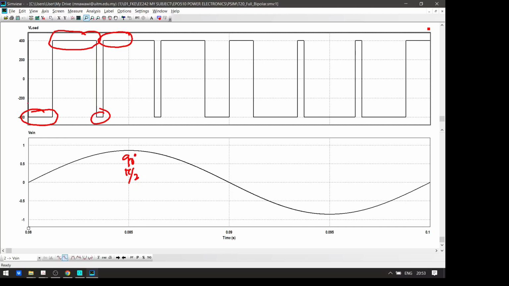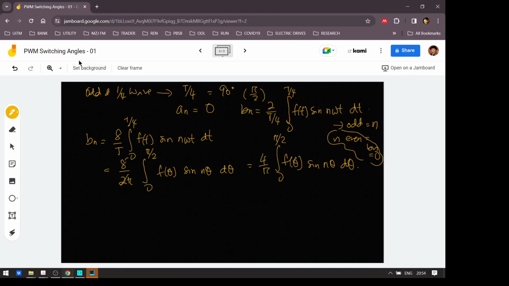And we already know that this is 0 degrees, 21 degrees, 61 degrees, 60 degrees, and this is 90 degrees. So we start with the first integral here, which is from 0 to 21 degrees, and the value is minus 400. The amplitude is 400. So go back to here.